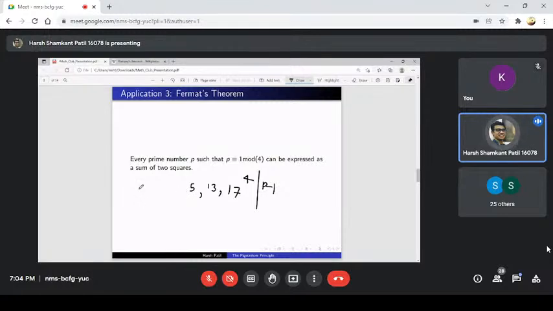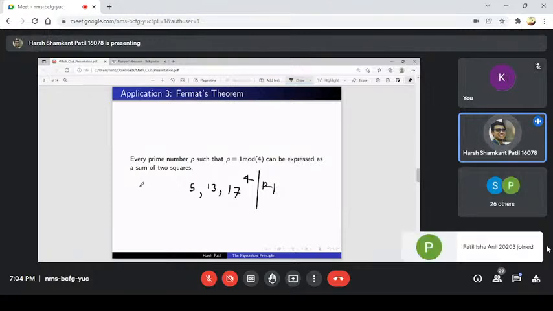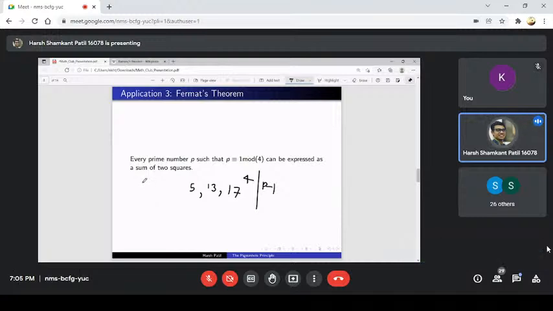Primes can be congruent to 1 modulo 4. They cannot be congruent to 0 modulo 4, because that would mean that 4 divides that number and then it cannot be a prime. If it is congruent to 2 modulo 4, then it will be of the form 4k plus 2, which would mean that 2 would come out, so again it cannot be a prime.